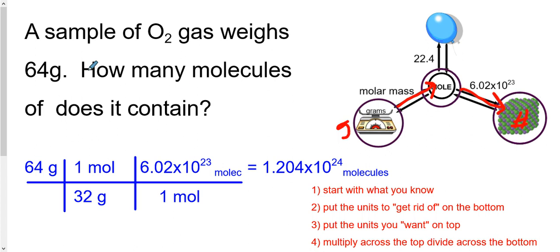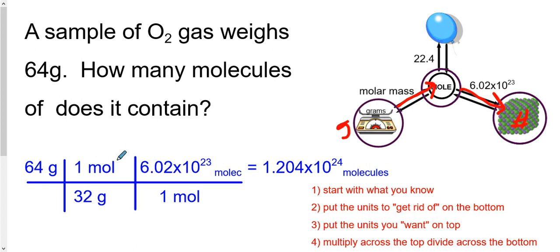Starting with what I know, the only number given in the question, I'm going to start with 64 grams. Because I don't want the units grams in my final answer, I write grams on the bottom, and I'm changing it first to moles, so I write the word moles on top. So our truth is always 1 mole of this substance weighs how much? Oxygen on our periodic table weighs 15.99.